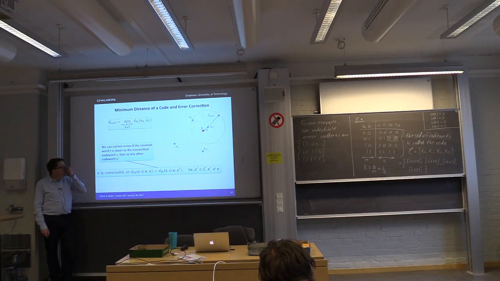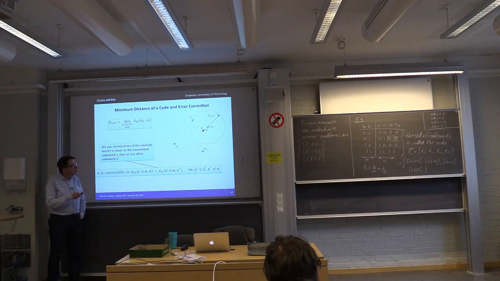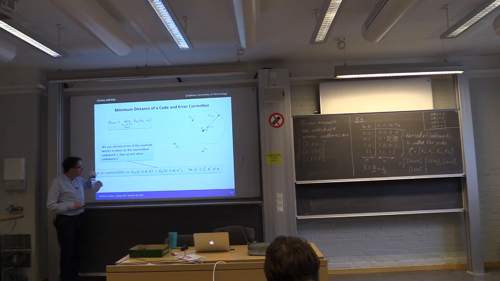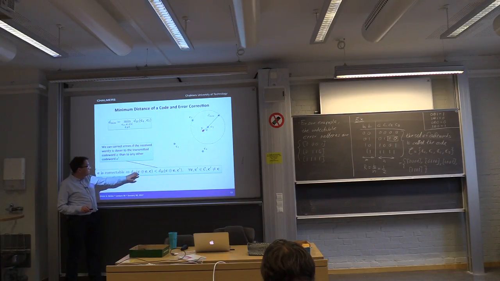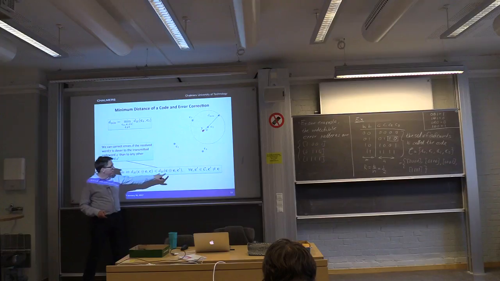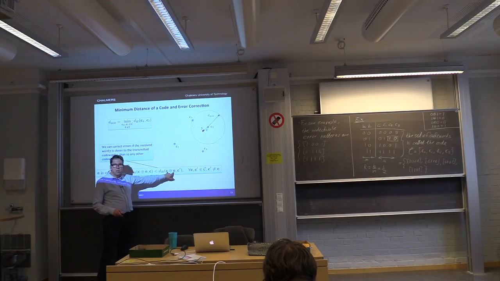Okay? And when do we do correct decision? Well, we do correct decision if C2 was actually the transmitted code word in this case. Okay? So the Hamming distance between the received word, which is the transmitted word plus the error, and the transmitted code word, if that is less than the distance between the received word and any other code word, then we make a correct decision.